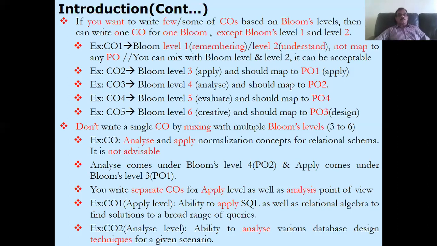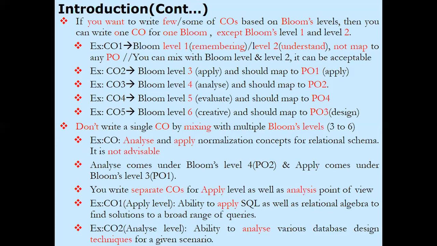And one more thing here: don't write a single CO by mixing multiple Bloom's levels, I mean, starting with level 3 to level 6. Except for Bloom's level 1 and level 2, which can be acceptable, whenever you are writing a CO, you should not mix Bloom's level 3 to level 6. For example, there is a CO called analyze and apply the normalization concept for the relation schema.